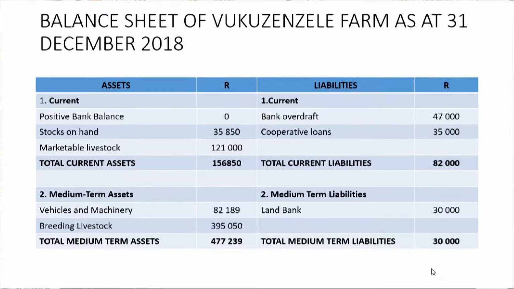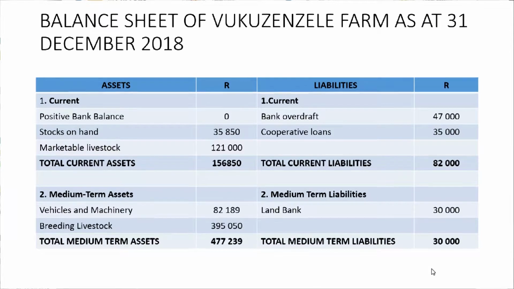Coming to the medium-term assets, Vuk'uzenzele Farm had vehicles and machinery, such as tractors, which were 82,189.